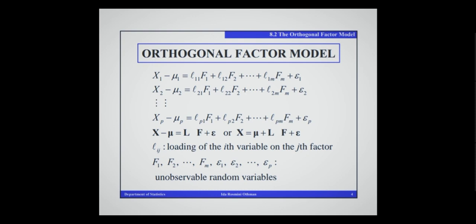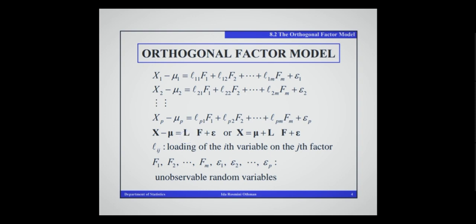Okay, so the model is, okay, this one, the bold one, x minus mu, the variable minus mean vector, equal to L. Matrix of L adalah loading of the ith variable on the jth factor. We have ith variable and we have j factor. So L adalah loading. Okay, loading ni kita boleh kira.